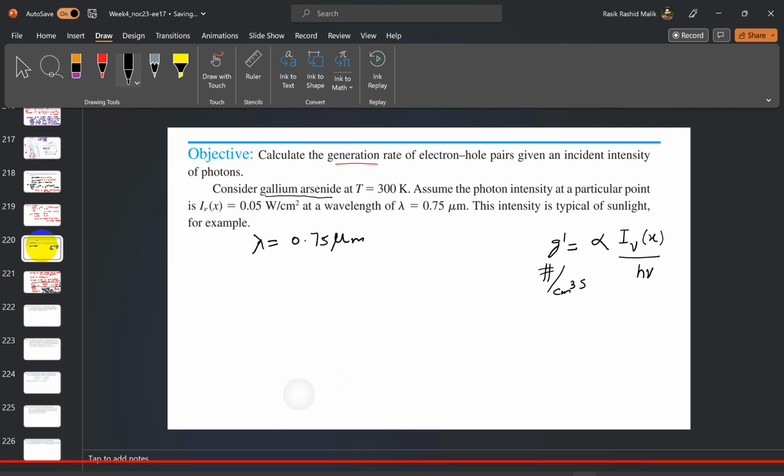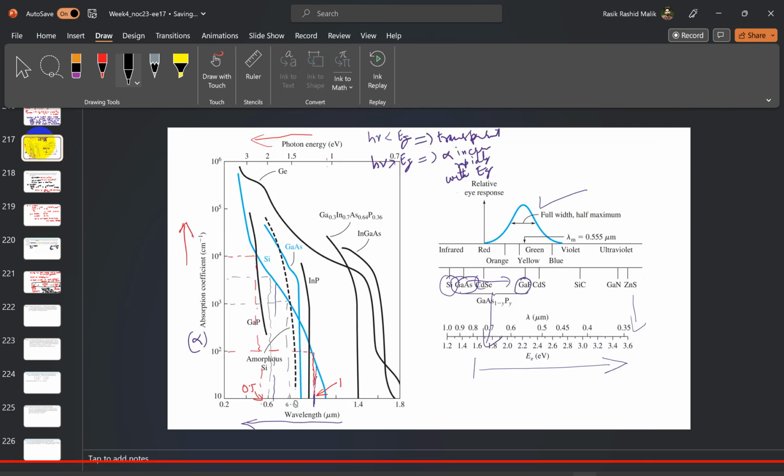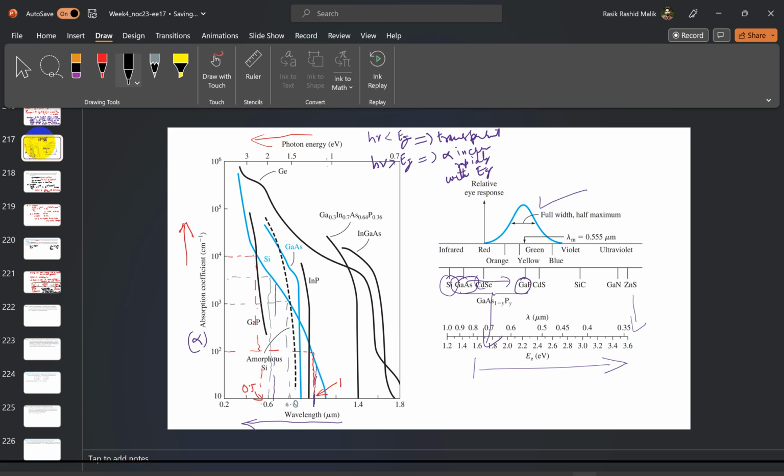What is the value of alpha? We can compute that from this figure. This is the case of gallium arsenide, and we have alpha lambda as 0.75. So 0.7, if it is this, 0.75 will be like this.